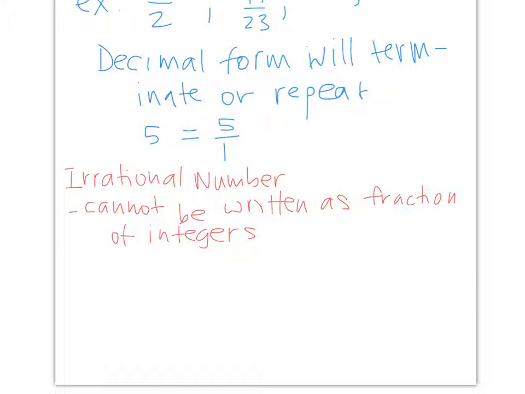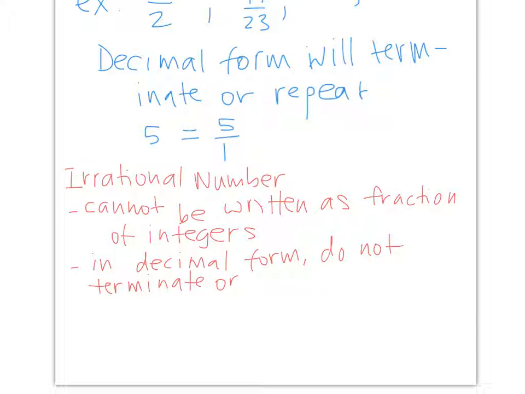In decimal form, again, it's going to be the opposite of how we defined rational. They do not terminate or repeat. So a lot of square roots or radicals are irrational, such as the square root of 2.